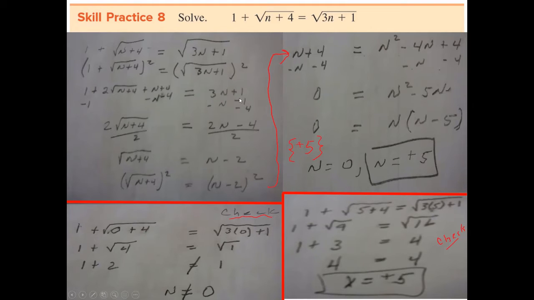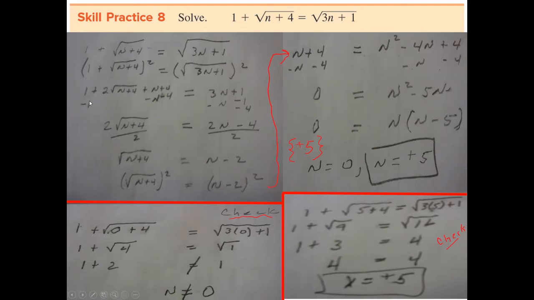And I get 3n plus 1 there. And over here, I have to FOIL this, 1 plus radical n plus 4, which gives me 1 plus 2 times the middle term, 2 times the first times the second term, plus the last term squared, which is n plus 4.